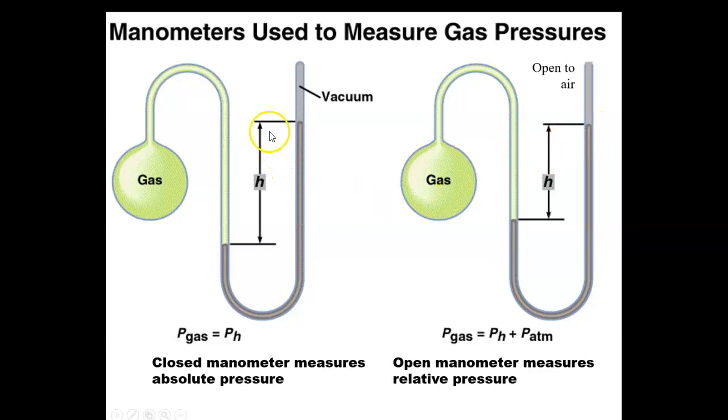And so whereas over here with the vacuum type barometer you get an absolute pressure, here you get a pressure that is relative to the pressure of the atmosphere pushing down here on this column of liquid. So open manometers measure relative pressures, whereas closed manometers measure absolute pressures.